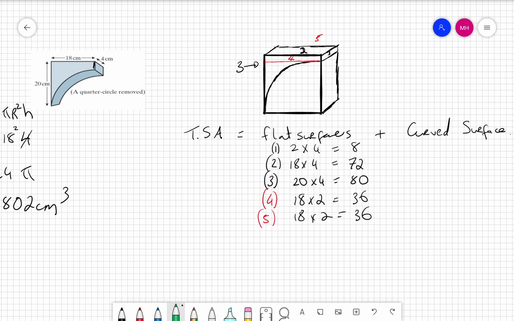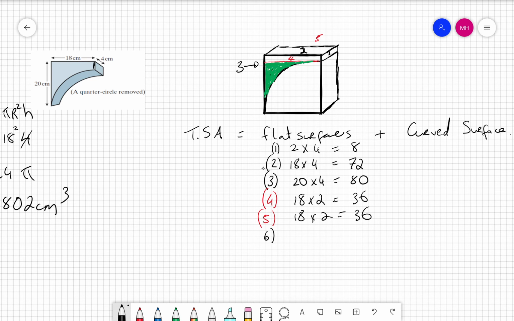Now, let's move on to surface 6, which I'll just colour in green here. This part here of our square, I suppose. So if we had a square that was 18 by 18 minus a quarter circle, that's what we're going to work on. So we're calling that surface 6.